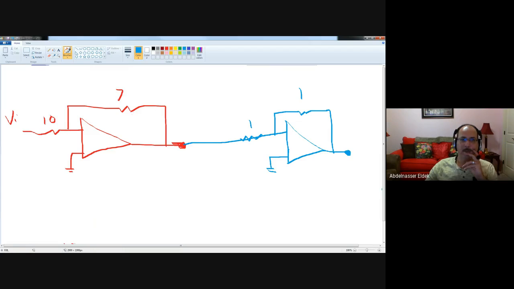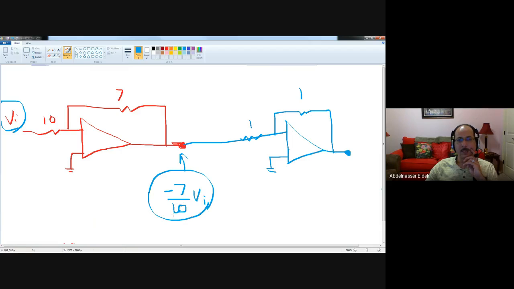So now let us follow it from left to right. The input here is VI. Okay, this resistor here is 7 and 10. Then the output at this point here is what? Negative 7 over 10 times VI, which is negative 0.7 VI. Okay, so this will be the same input here of the inverter.